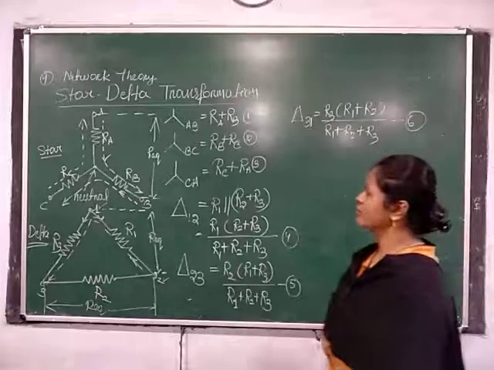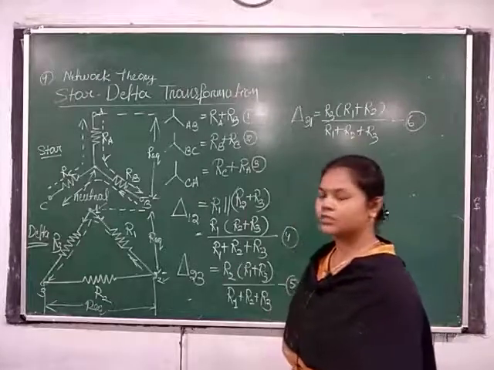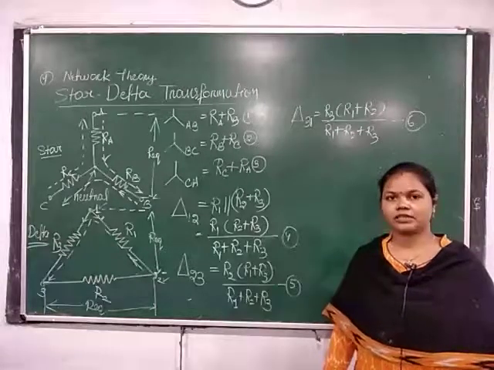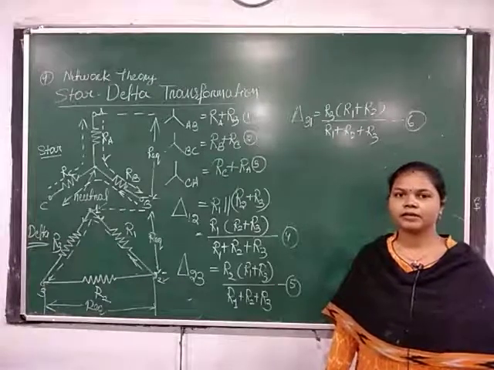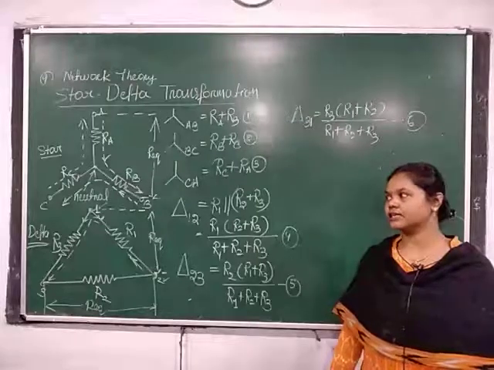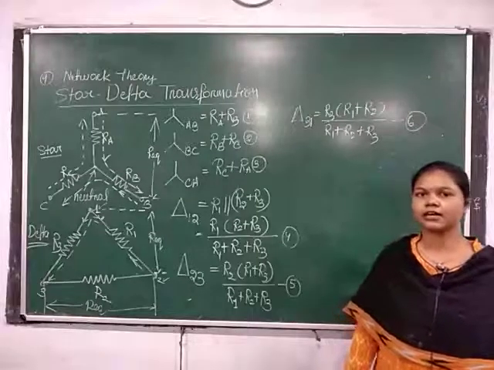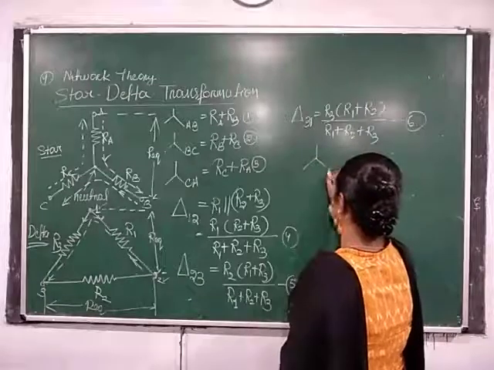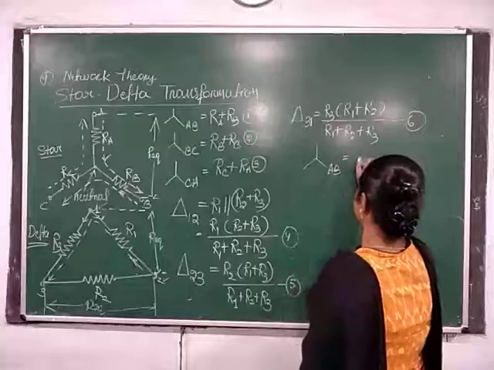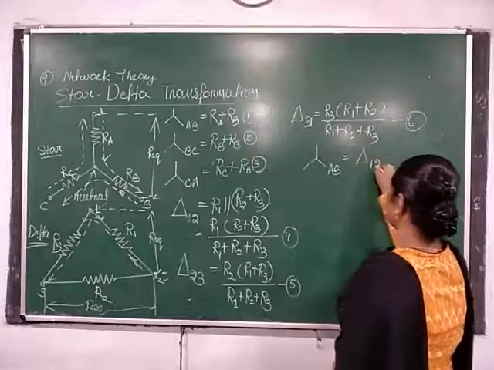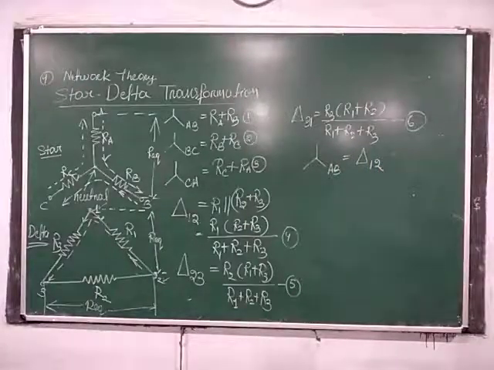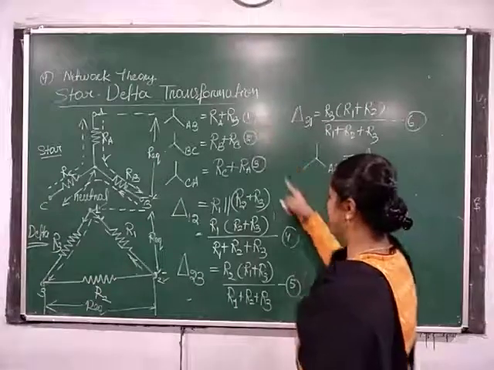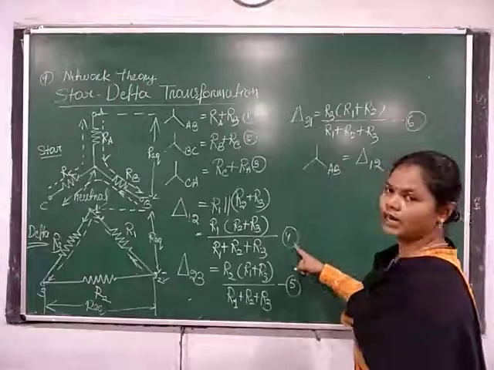Now, I said before that star and delta are two configurations of a three-phase system. Their terminal resistances, whether star or delta connection, are equal. It means the resistance between A and B in star is equal to the resistance between 1 and 2 in delta. Equation 1 and equation 4 are equal.